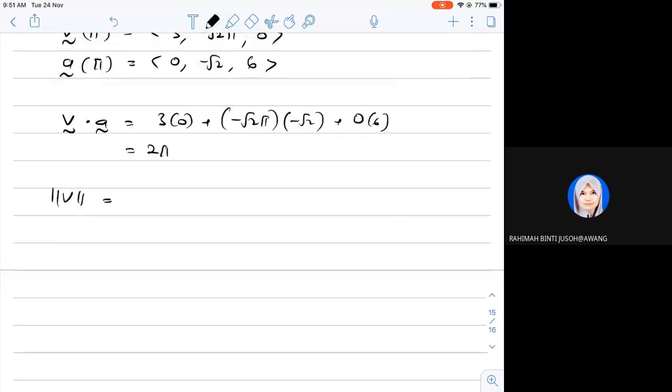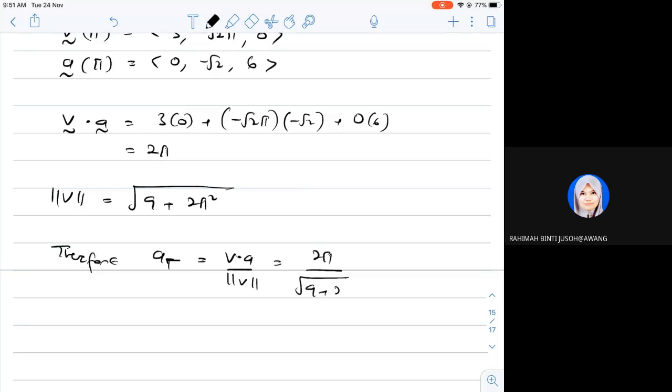Therefore, A_T equals V dot A divided by speed, which equals 2 pi over the square root of 9 plus 2 pi squared. Okay, done. Understand?